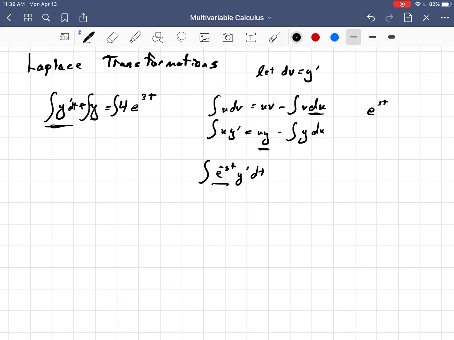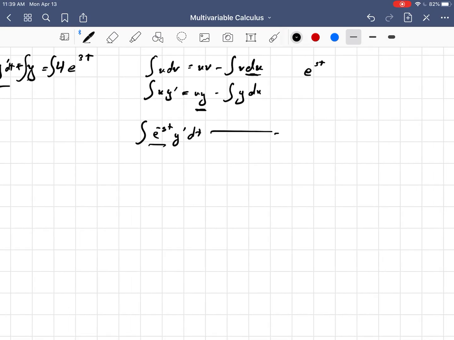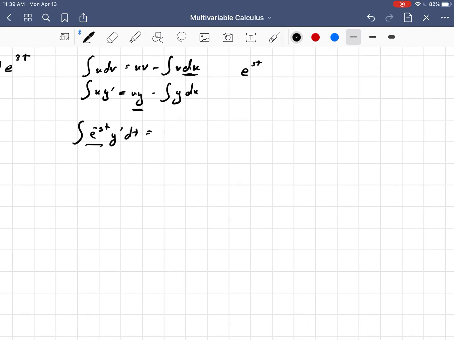So the integral of e to the negative st y prime dt, when we do integration by parts on that, oh my goodness, we get y e to the negative st, plus s times the integral of y e to the negative st dt.